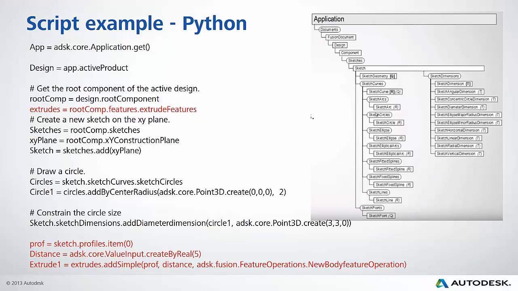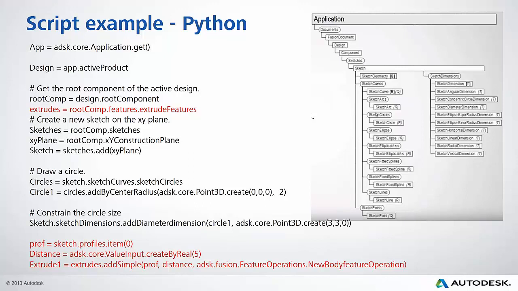So you'll see I create the variable extrudes underneath root comp, and so again I'm calling up root comp and then accessing my features, and in that features I can access the extrude command. Then I go down below the actual sketch dimension, and I create a profile variable that calls up the open profile from my initial sketch.